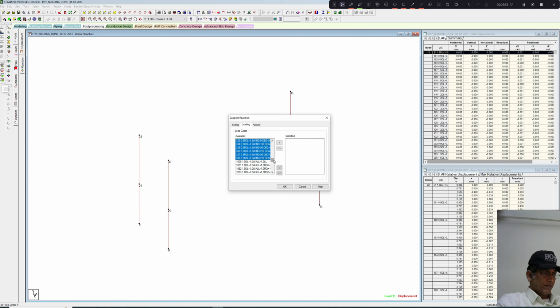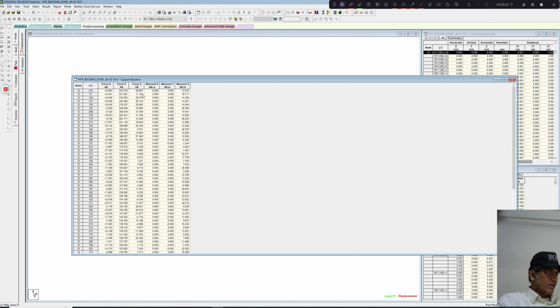All these loadings you have to select. You can select 51, then press the Shift key and select 338. All these load cases will be selected. So OK. Our maximum axial compressive force is this one.